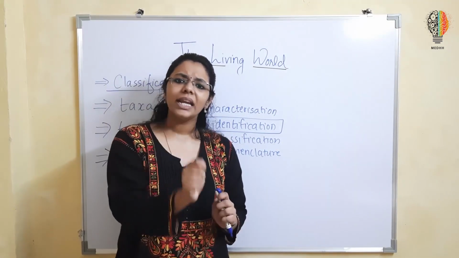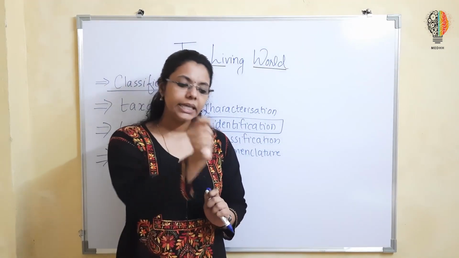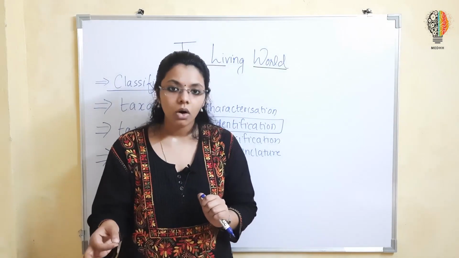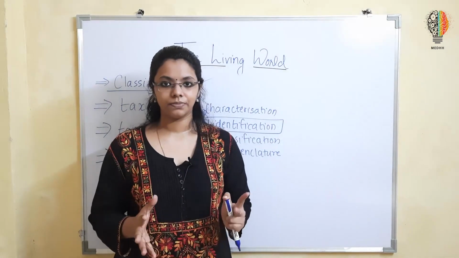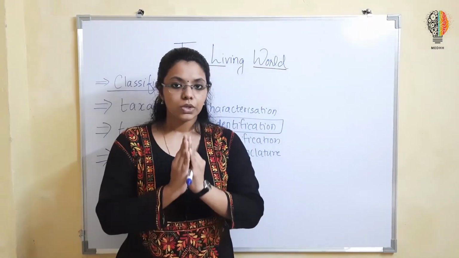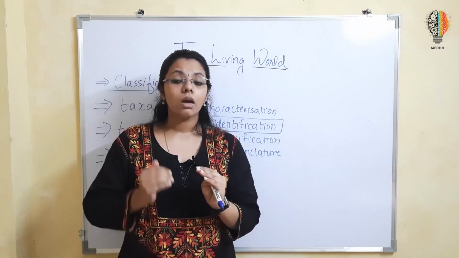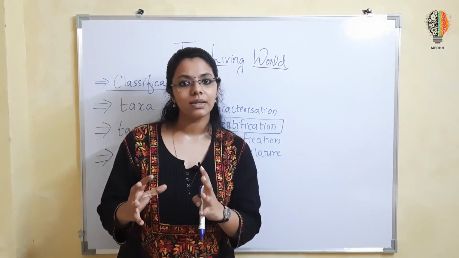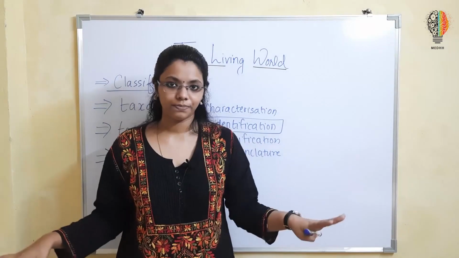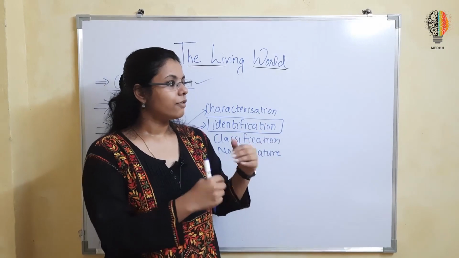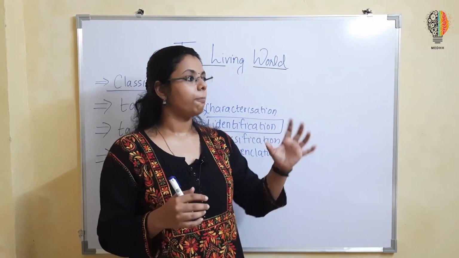Now, it is very difficult to study each and every organism or every member of biodiversity. It would create a lot of problems. So to reduce these difficulties, or to make our work easier, we need to classify. We have seen various groups, various classifications.